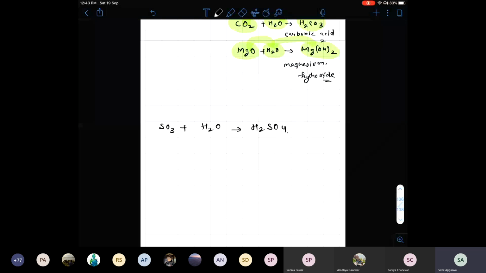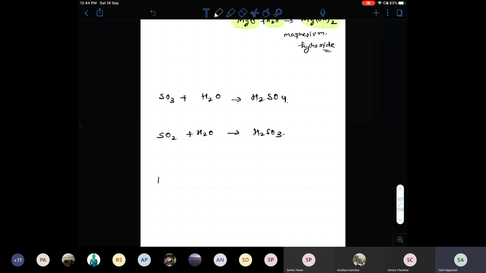Padma said SO2. If I add water to it, it will form H2SO3. Sanika said P2O5. So it will form H3PO4.